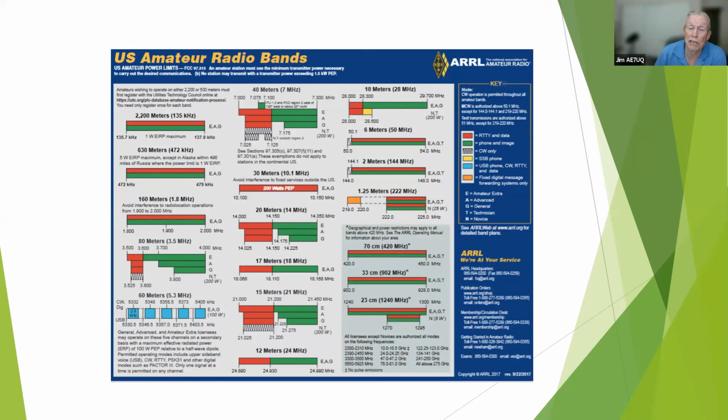It's kind of hard to see on this, but if you get a copy of this, you can see these little letters along the right side: Extra, Advanced, General, Novice, and Tech. So that tells you who's allowed to use which bands or which portions of which bands. One of the questions we had last week was about this section of the 10-meter band that is allowed for tech, but it's the only one in what we call the HF bands.